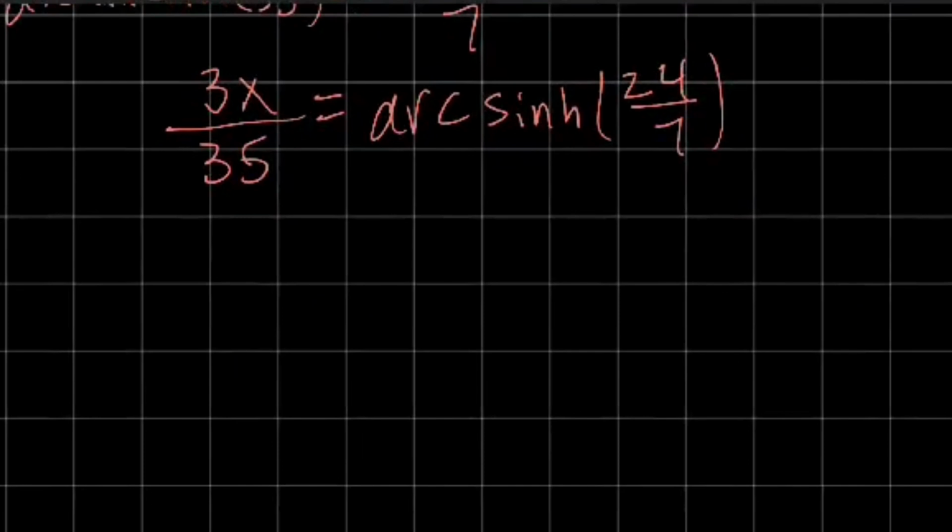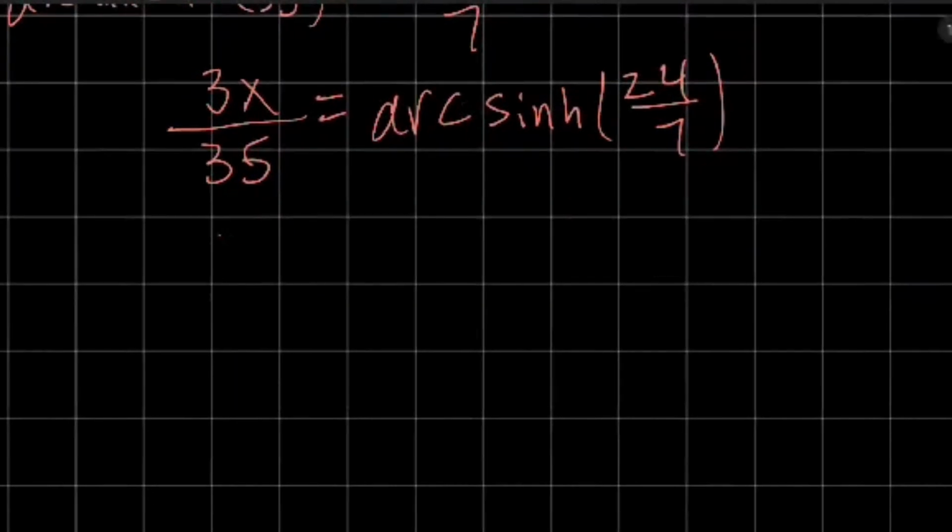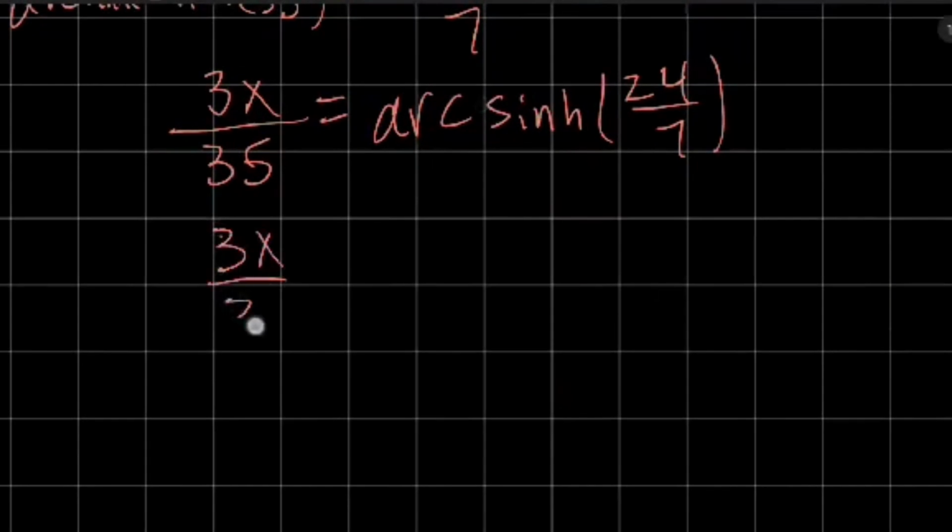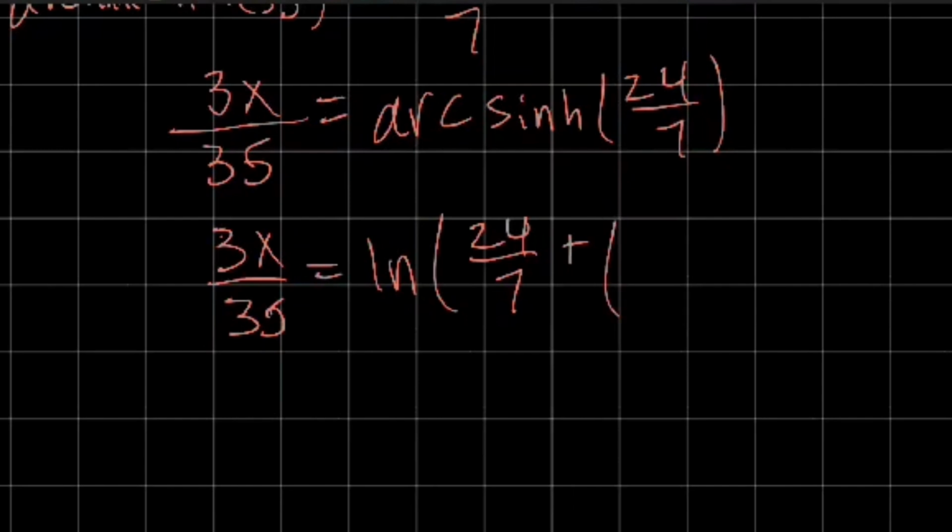And to solve for the inverse arcsinh of this value, we have to do 3x over 35 is equal to the ln of 24 over 7 plus the square root of 24 over 7 squared plus 1.